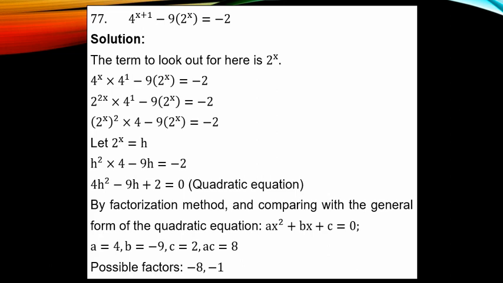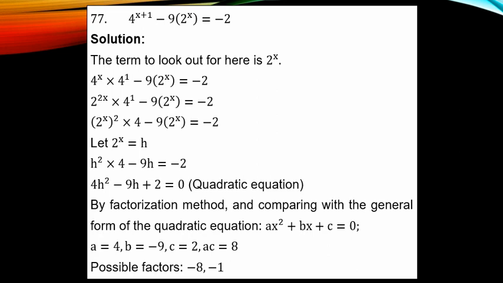Example 77. You have 4 to the power of s plus 1 minus 9 bracket open, 2 power s bracket close equal to minus 2.